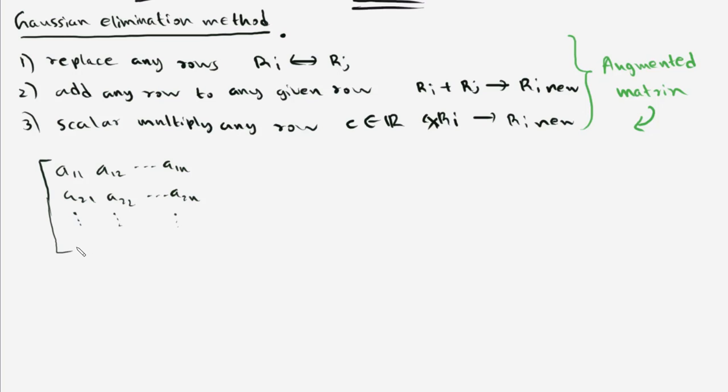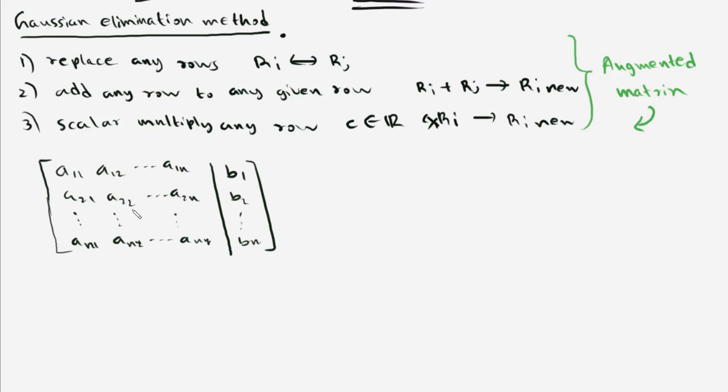Likewise, there must be n linear equations, and the right-hand side will be b1, b2, and bn.